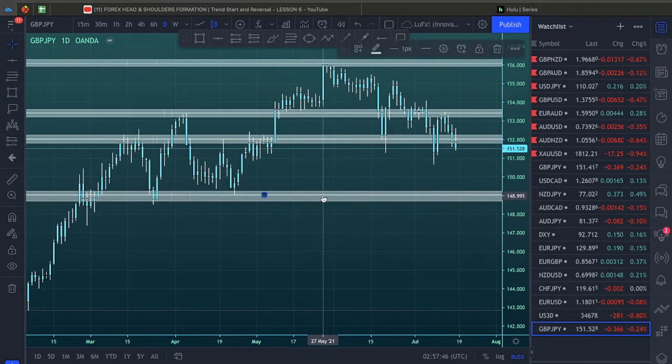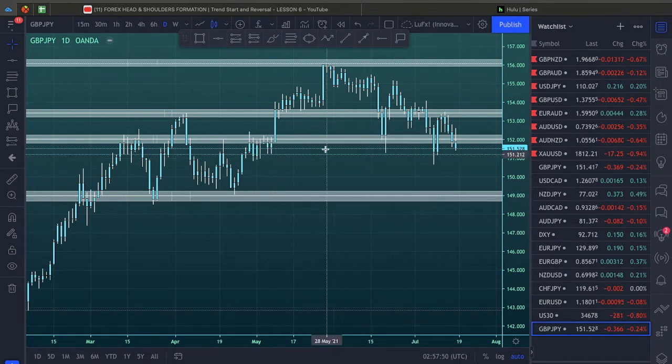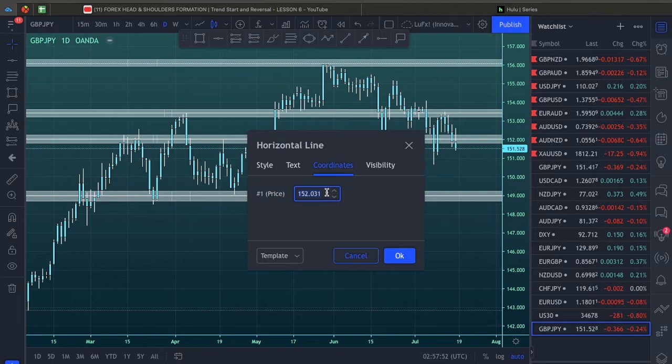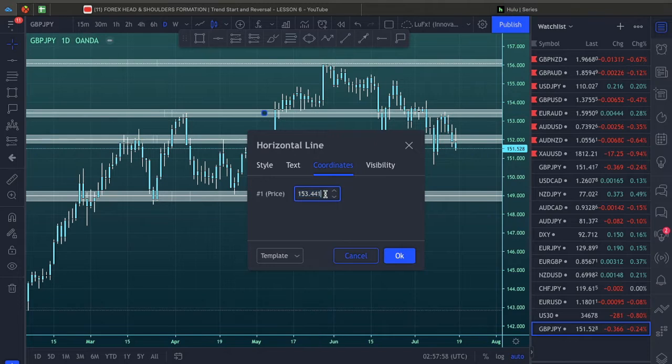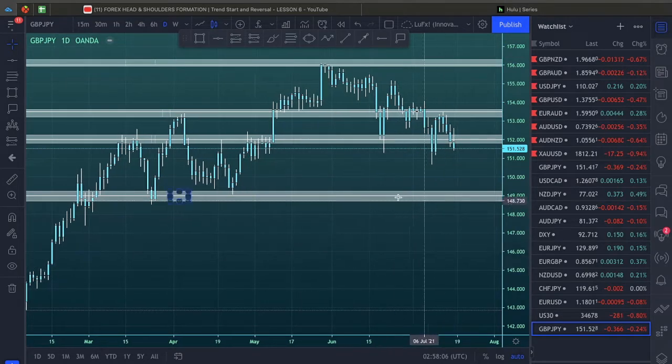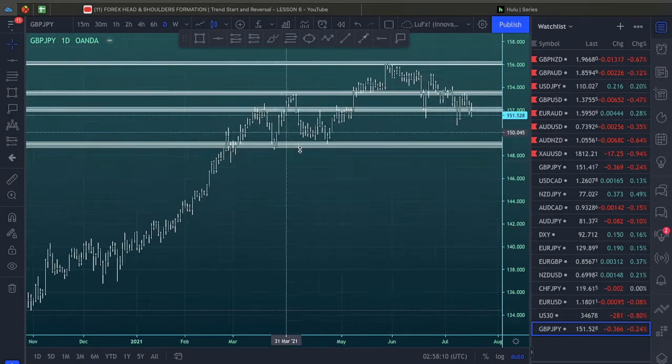Now let's tune them up a little more with our psychological levels. So now we've got our levels. Now we've got everything we needed plotted.